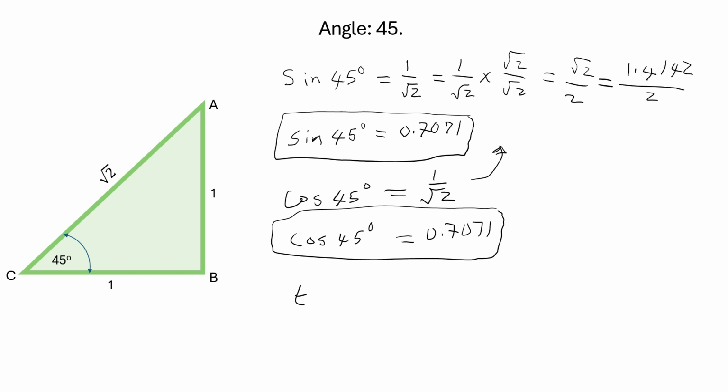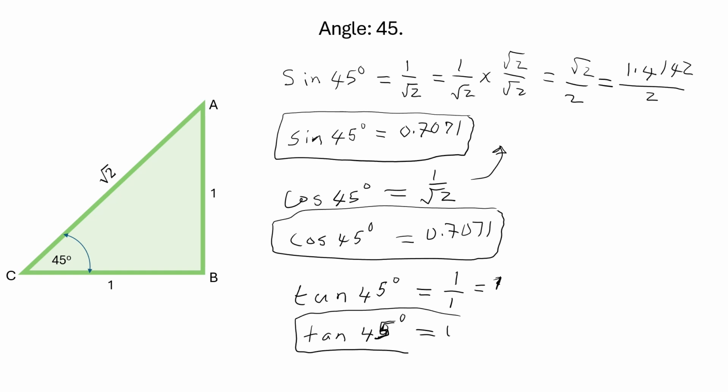And lastly, let us look at tan 45. Without me demonstrating this, I think we should be able to guess what the answer is now, because it's opposite over adjacent. Opposite is 1, adjacent is 1. So tan 45 degrees equals 1.